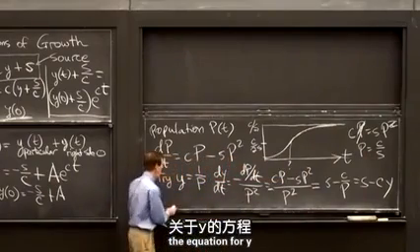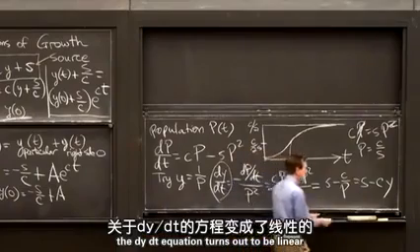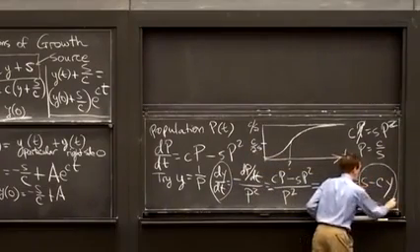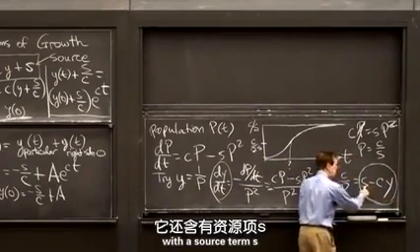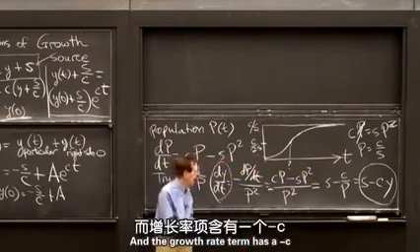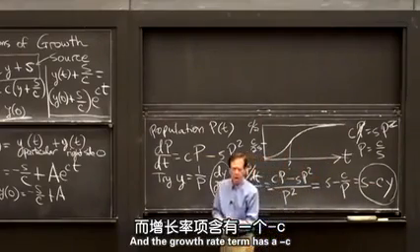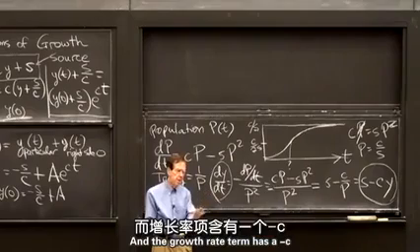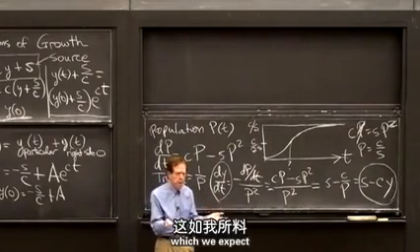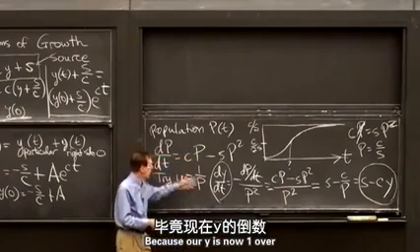The equation for y, the dy dt equation, turns out to be linear with a source term s, just as in the start of the lecture, and the growth rate term has a minus c, which we expect because our y is now 1 over p.